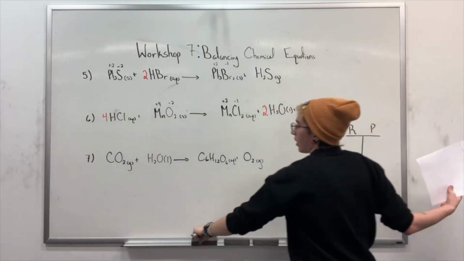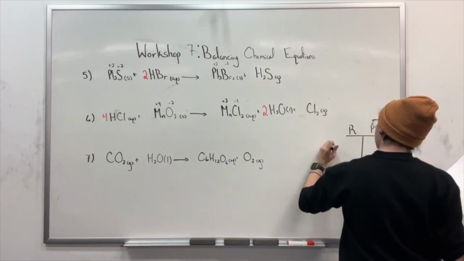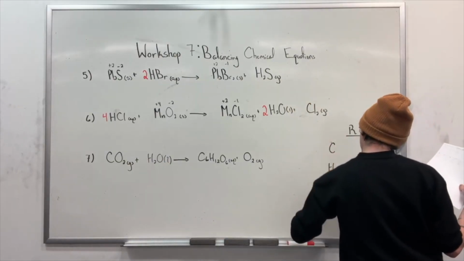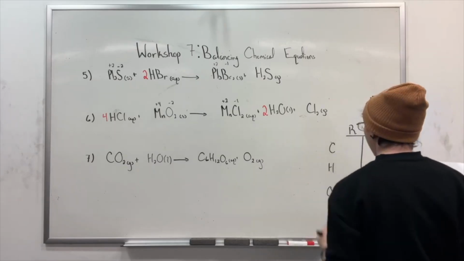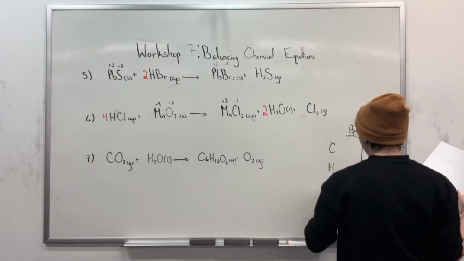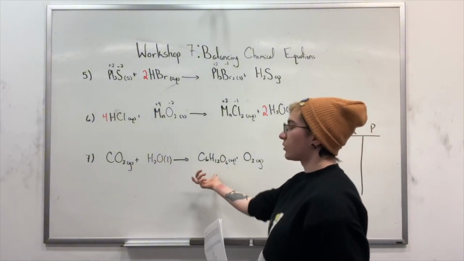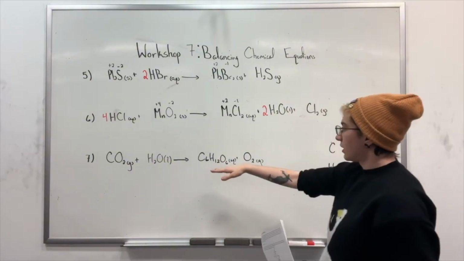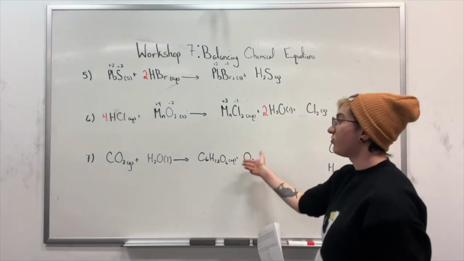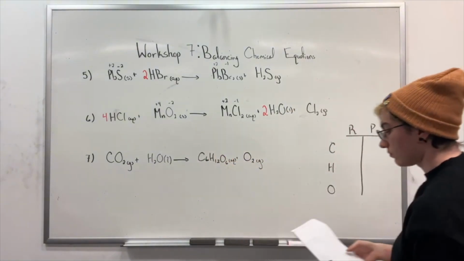So our reaction has carbon, hydrogen, and oxygen. We're back to just our 3 elements, but now we're not doing combustion. We are doing photosynthesis, but it's a little bit similar. It looks almost like the reverse of a combustion reaction. An organic compound and oxygen are formed from carbon dioxide and water.